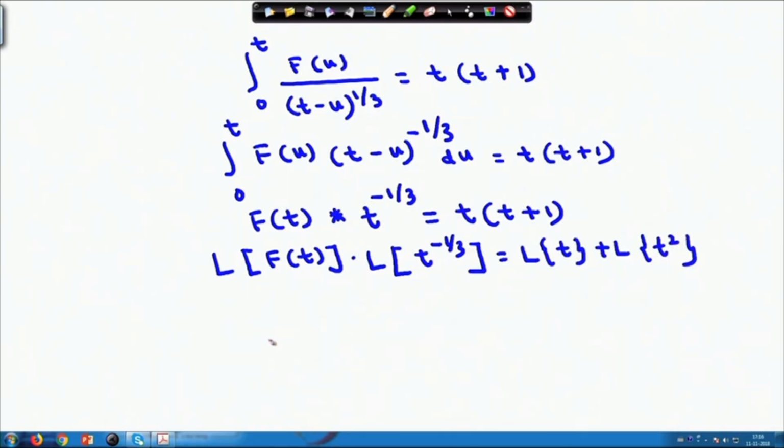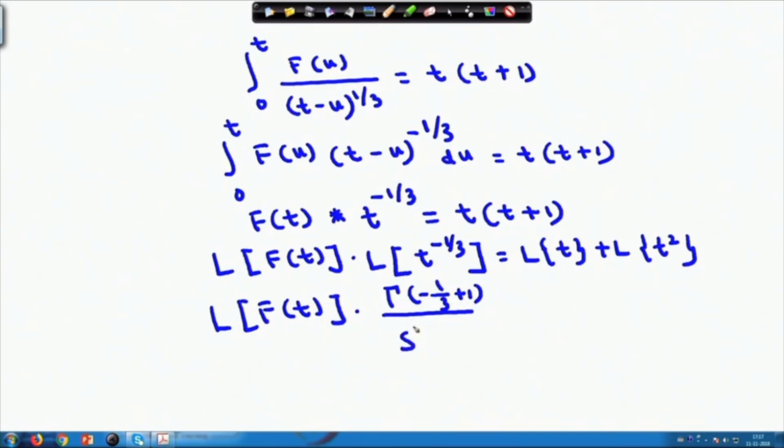So, I can say that Laplace transform of f t into Laplace transform of t to the power minus 1/3 will be gamma of minus 1/3 plus 1 divided by s to the power minus 1/3 plus 1. This is equal to Laplace transform of t, which is gamma 2 by s square, plus this will be gamma 3 by s cube.